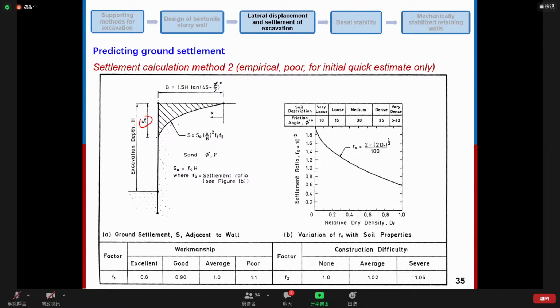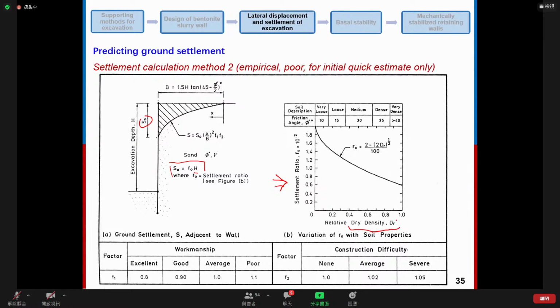We calculate S0 by using this equation, R0 times H. H is the excavation depth, and R0 is the settlement ratio, which we can determine from this design chart.